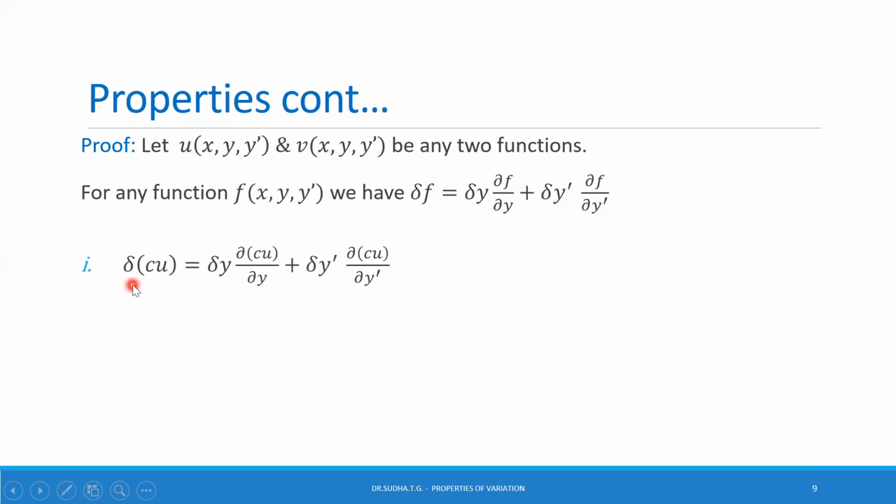So let us begin with the first one. Here we need variation of C into U, where C is a constant.